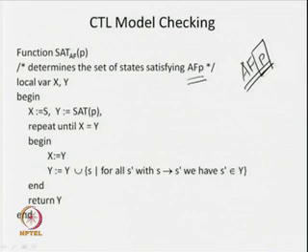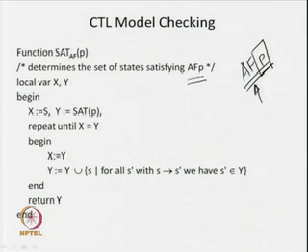Wherever P is true, AFP is true. So Y is assigned the states where P is true, and in one step we get some states where AFP is true.